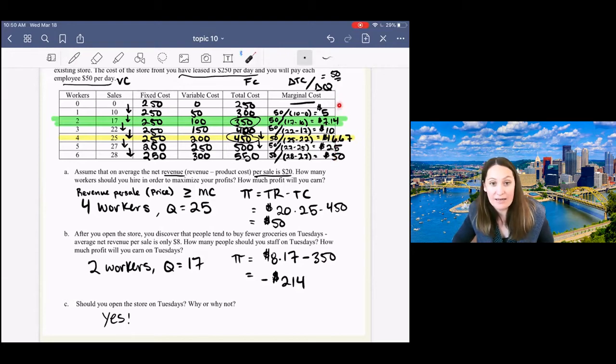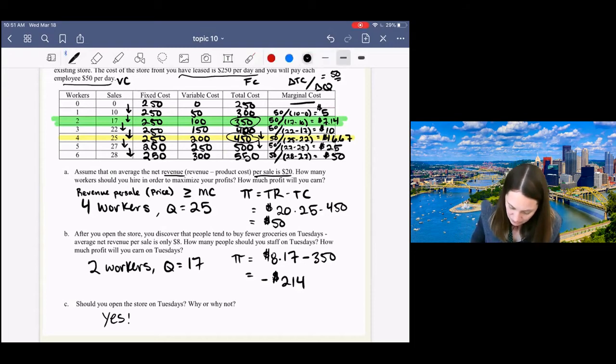So if it tells you the profit maximizing output here is 17 sales, then that's the best option, because one option on this table is 0 sales, right? If the price were below $5, then you would sell 0, right? So here you should stay open.